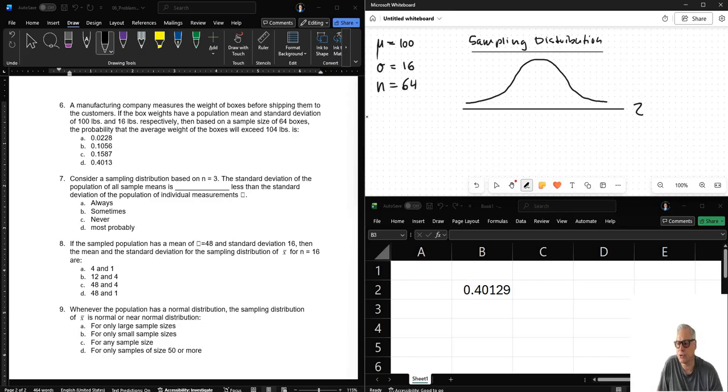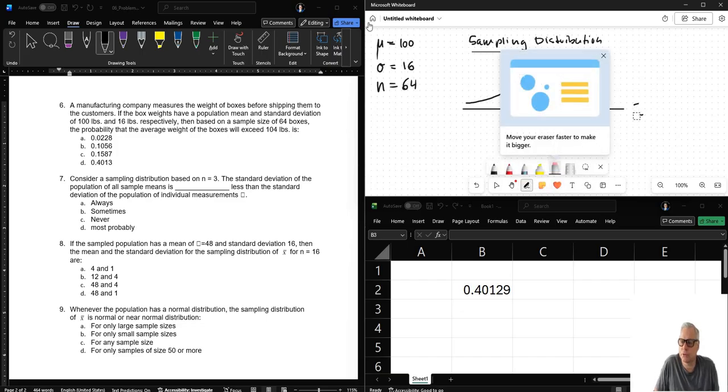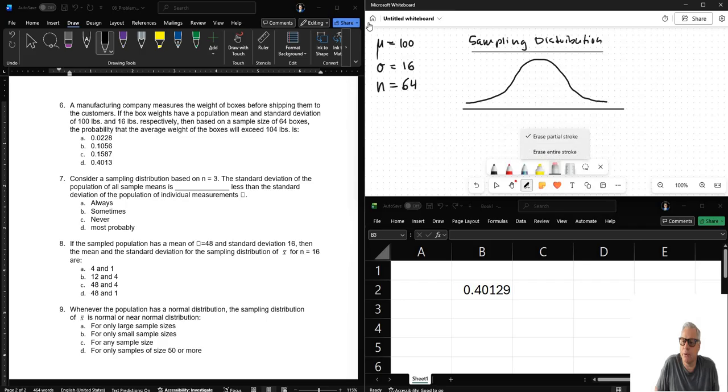We have here the z-score. And actually, no, not yet. So we don't have the z-score there yet. So what we do have here is all possible averages that you can get if you take samples of 64.